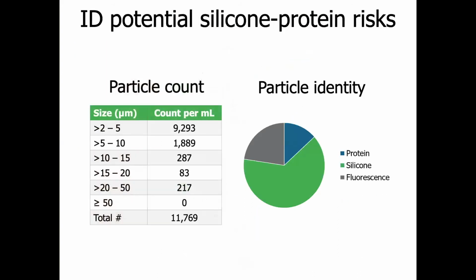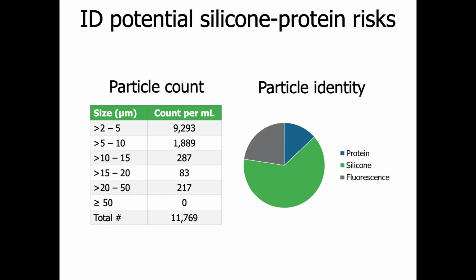Particle counting in the wet round provided us with a size distribution of particles that are present in the sample. The table on the left summarizes the size distribution and shows the number of particles in the user-defined size bins. From this total number of particles, a few hundred were randomly selected and analyzed using Raman spectroscopy.